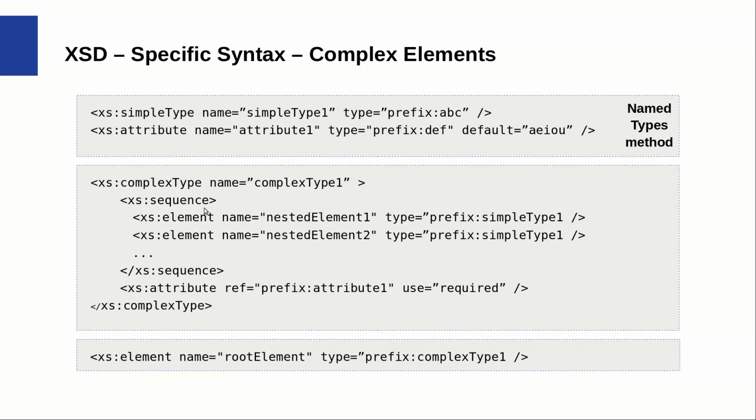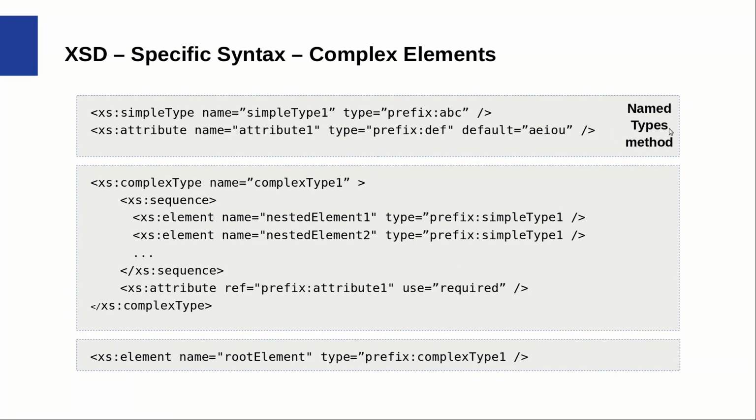And here, after closing the indicator element, we declare an attribute referring to the globally declared attribute outside by using the ref attribute and then the prefix of that document. For example, DNPM1982, colon the name of the globally declared attribute, in our case attribute1, and you can also use the use attribute for defining if the attribute is required, optional, or prohibited.